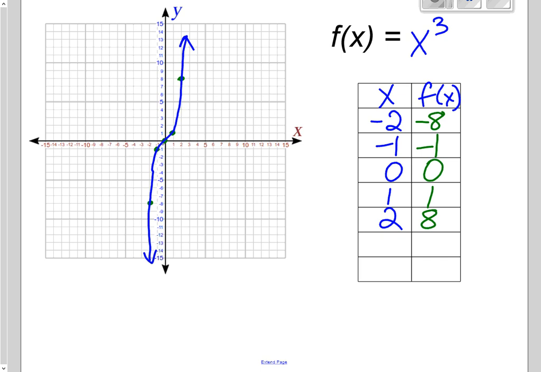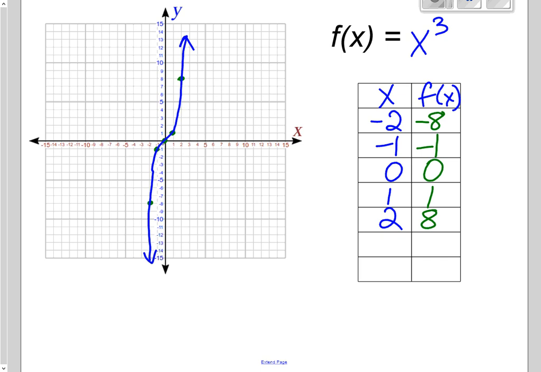So that's what we get when we get a cubic, okay? It's almost kind of like a linear in that it starts down and then goes up, but we get this nice curve at the middle part of it. So I always like to call it the snake, like it kind of slides its way up the graph. All right, so what we need to remember there is that when you put an input in, it is cubed, so we're multiplying it by itself 3 times.